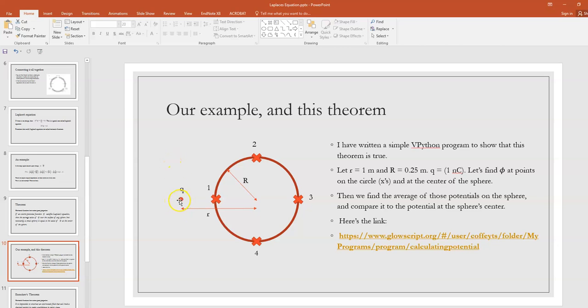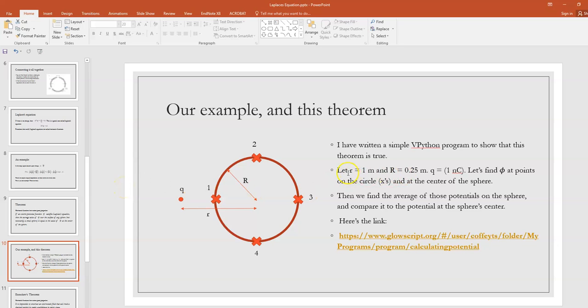So basically, here's my little point charge q, right? And I am looking at a sphere that is in empty space next to my point charge. Now, it could be any sphere, all right? Any sphere, this will work on any sphere. I'm just going to do one, though, to show you what I mean. So I say that my point charge here is a 1 nanocoulomb charge, all right?